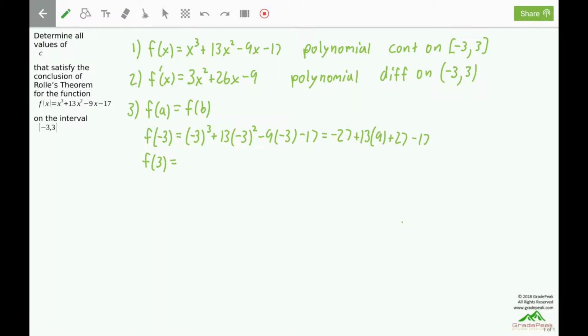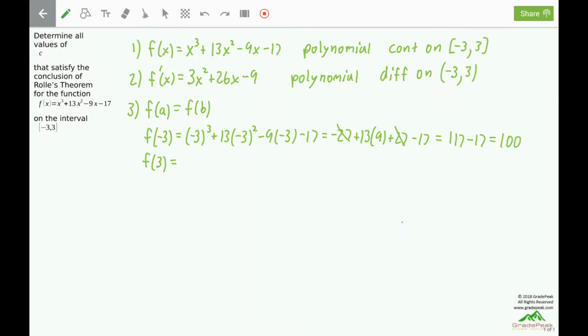The -27 and the +27 can cancel each other out. 13 times 9 is 117, and then minus 17 comes out to an even 100.